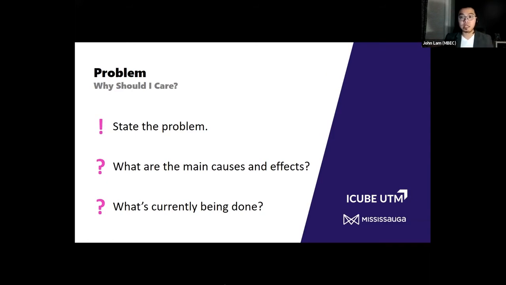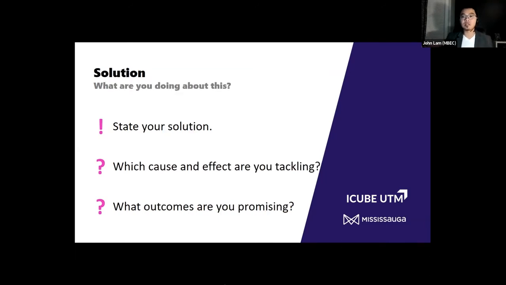That's currently what's being done. They're ignoring the problem. So now you have to talk to what is it that you're doing that will get people to take action, instead of ignoring the problem, right? So what is currently being done? Why is it inadequate? And now you set the stage for you to jump in and say, well, we're solving the problem by doing X, Y, Z.